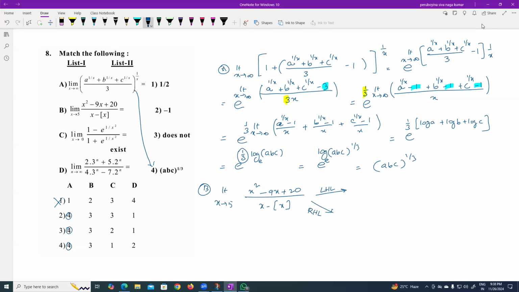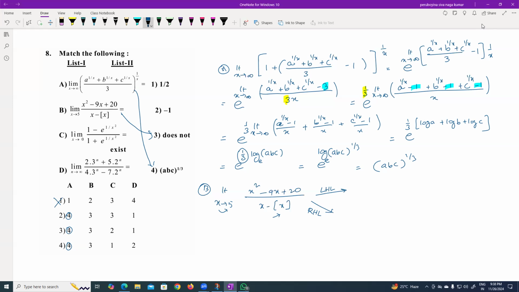If both values are the same, then we can confirm the answer. Otherwise, it is clear that when x is approaching an integer, step x never shows the same. Definitely at integer values, the limit does not exist. So the second option is not needed, or else I will show you how to solve this.